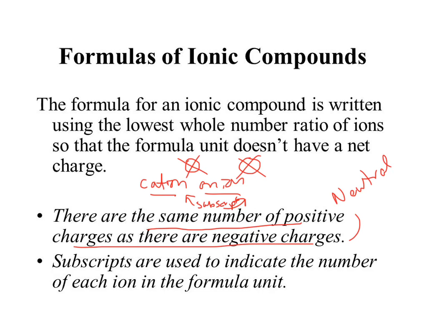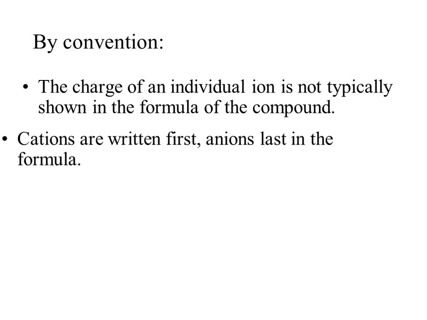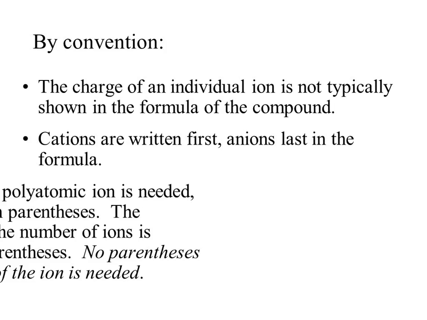That's kind of the diagram of writing the formula of an ionic compound. Okay, there it goes. Typically, you don't show the charge. So that was my little circle up there with the X through it. Don't show the charge. See, I got ahead of myself. Cations first, usually anions last.